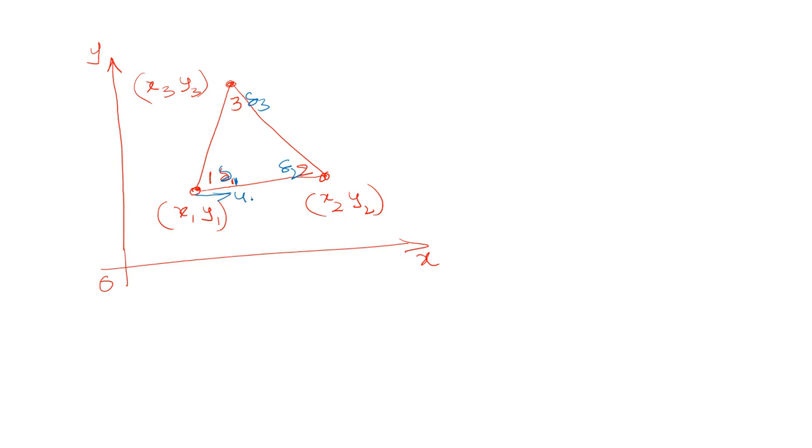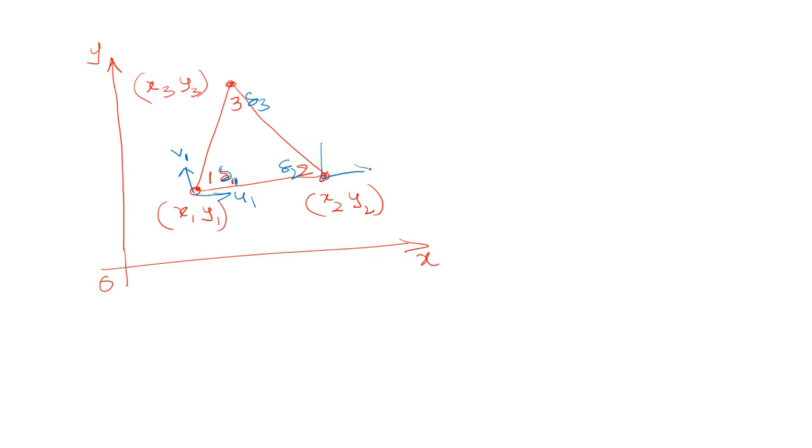This is u1 and v1. u1 and v1 are the components of delta 1 in the x and y directions.